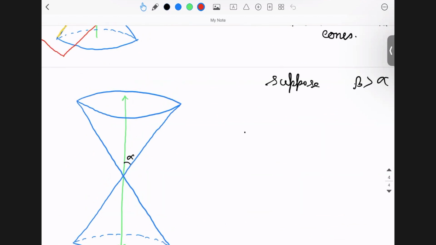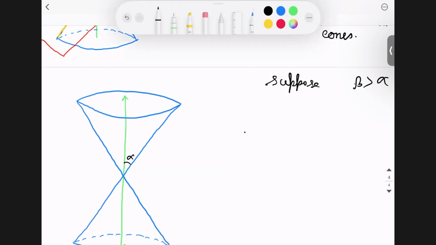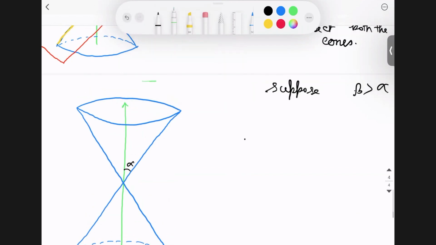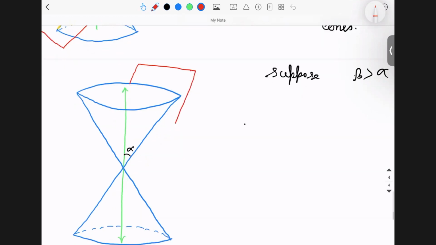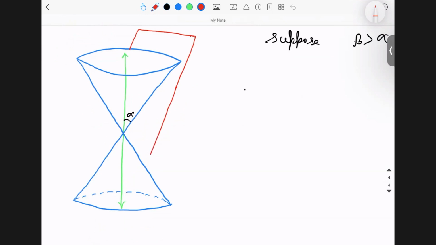The plane will be like this. Okay, like this, I will cut the plane.